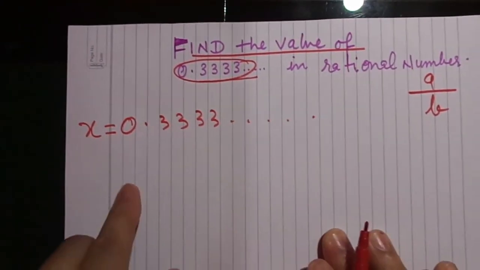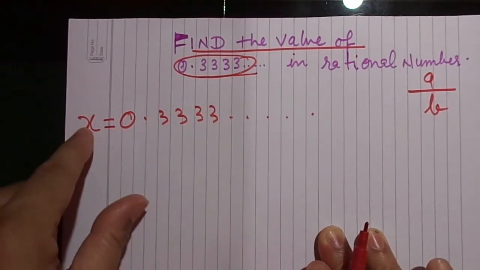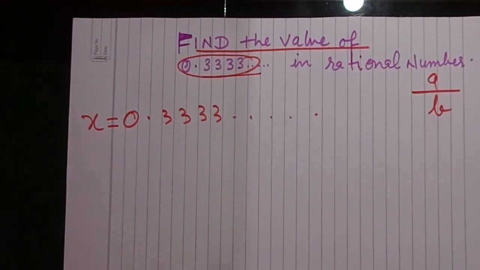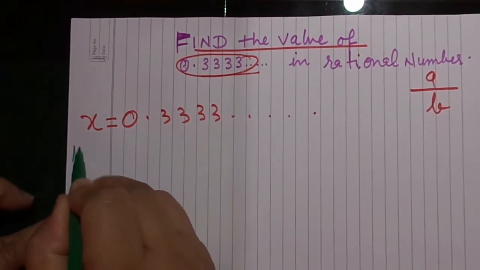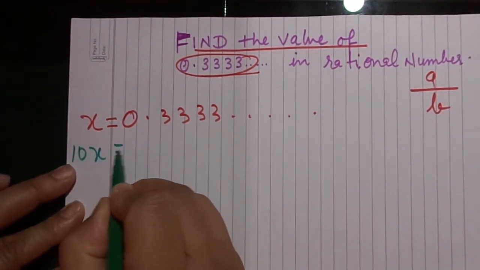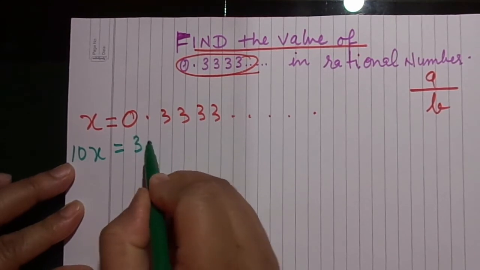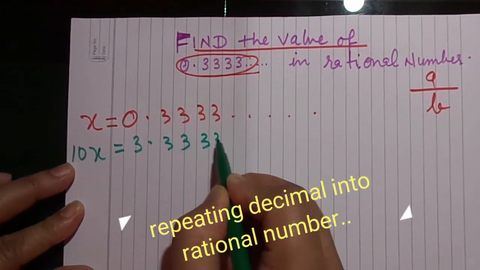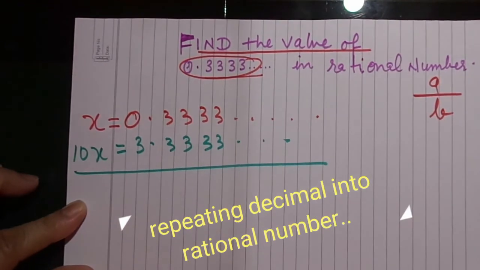Let this value be x. Now let me multiply both sides by 10. So 10x will be equal to 3.3333, as it keeps on going.